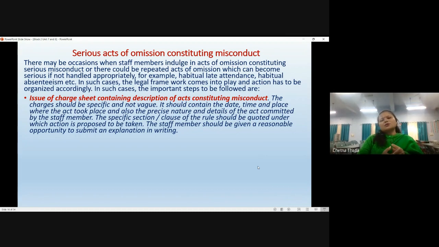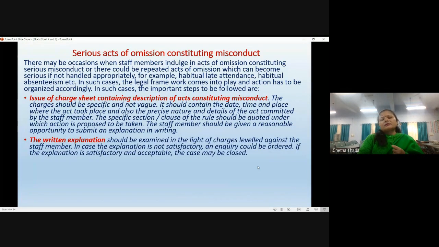When you are issuing a charge sheet, you should give a reasonable opportunity to that individual for whom the charge sheet has been issued, so that he should be able to submit an explanation, that too in writing, not in oral form. The written explanation, as we have discussed earlier, should be examined.